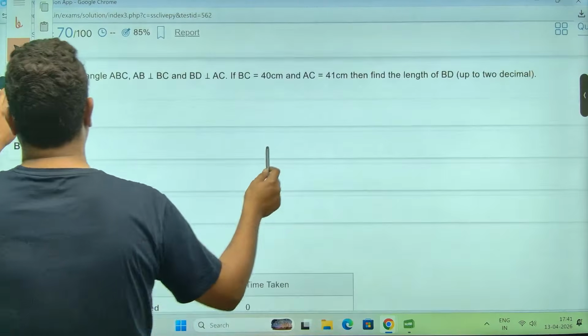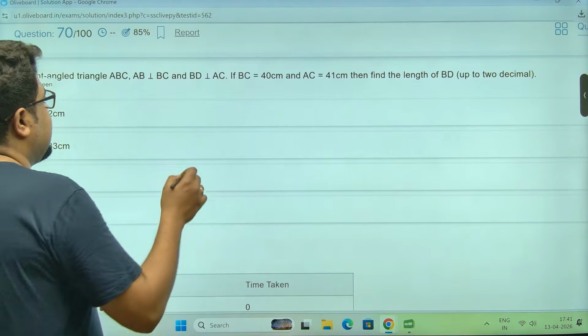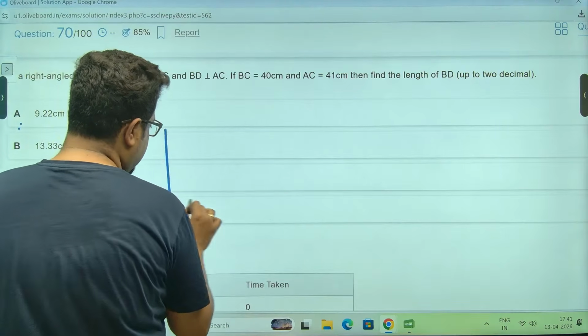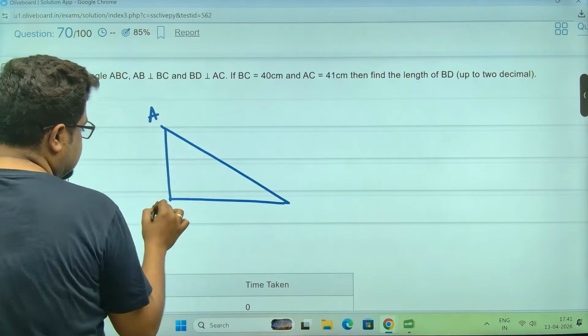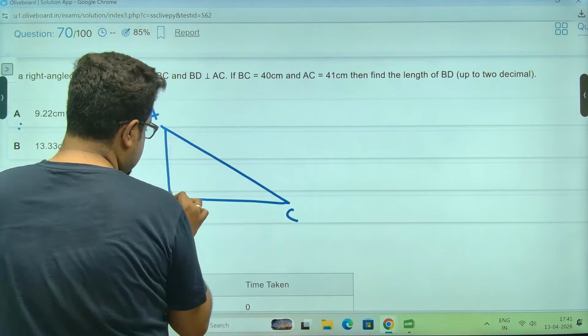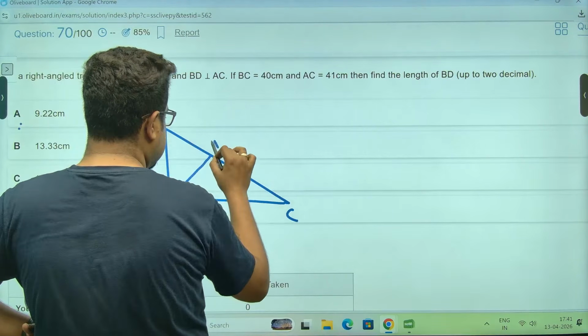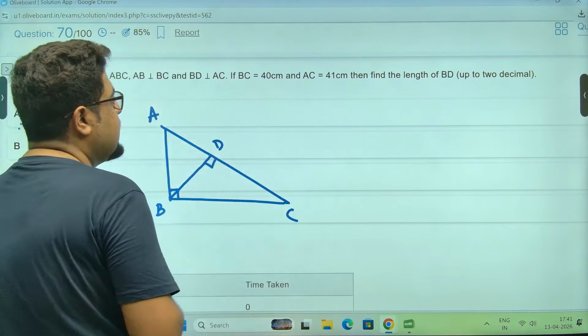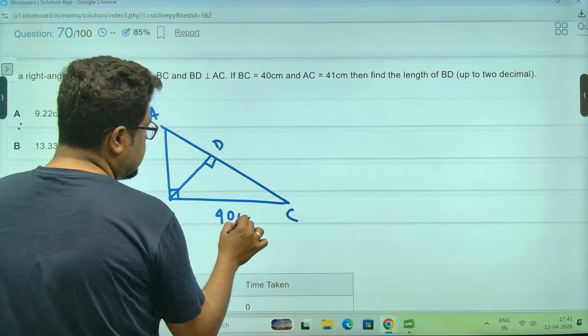Right angle triangle ABC. AB perpendicular to BC. So this must be B, 90 degrees. BD is the altitude to AC, and this is D. BC is 40 centimeters.